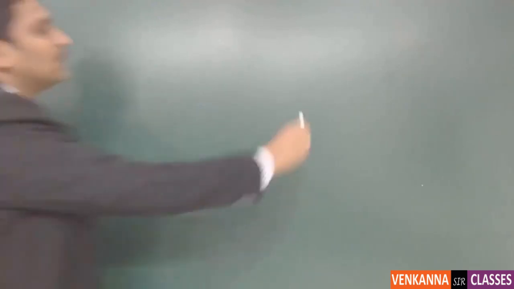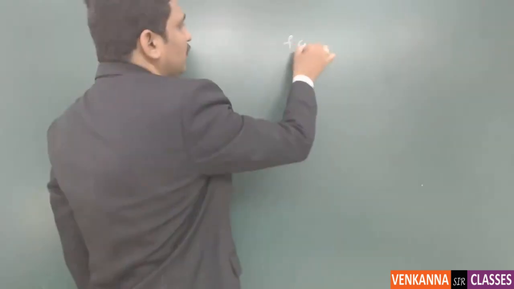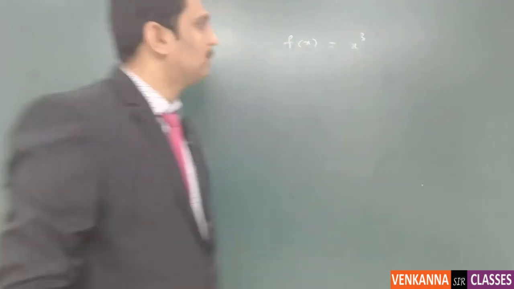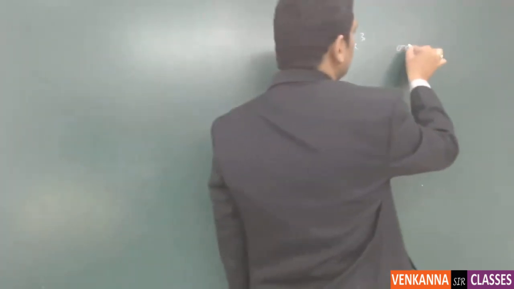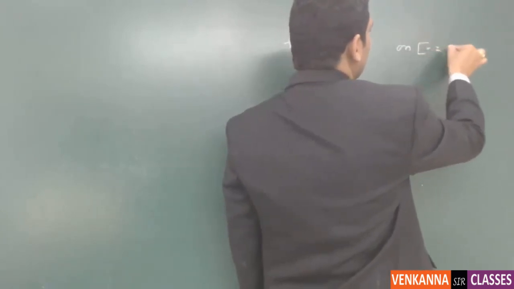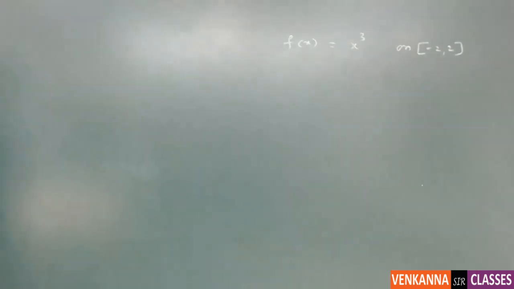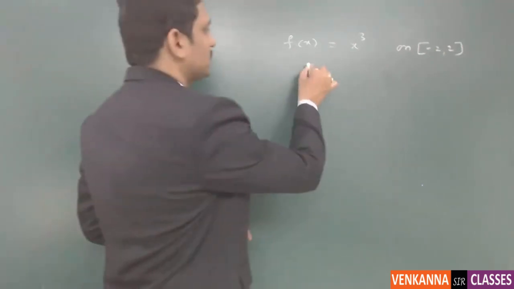So this is the problem. Take the function f of x is equal to x cube on the closed interval minus 2 comma 2, and I am going to prove that it is uniformly continuous.